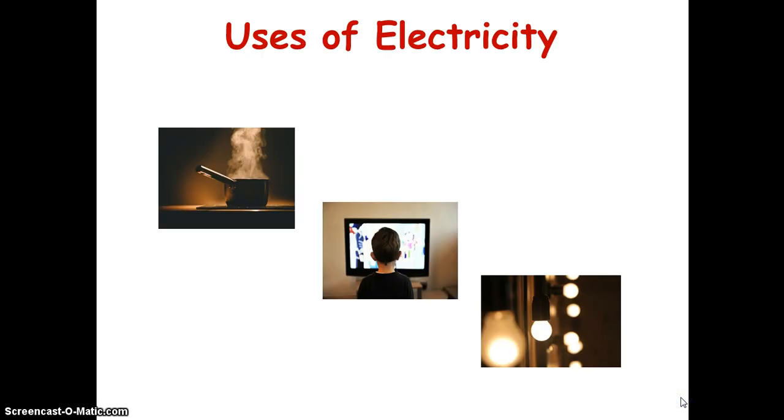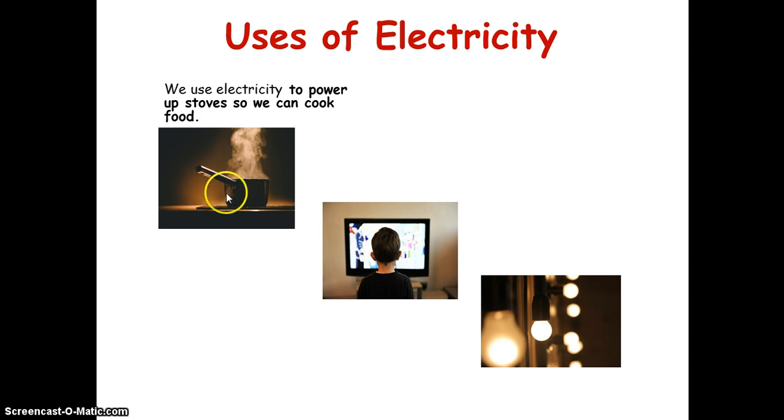Now, let us get started with uses of electricity. Look at these images. They show things that I believe you are familiar with. We use electricity to power up stoves, for example, so that we can cook food.